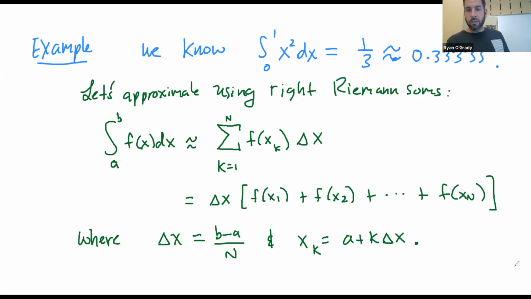So let's go right ahead. For the integral from 0 to 1 of x squared dx, what do we have? We have f of x equals x squared.